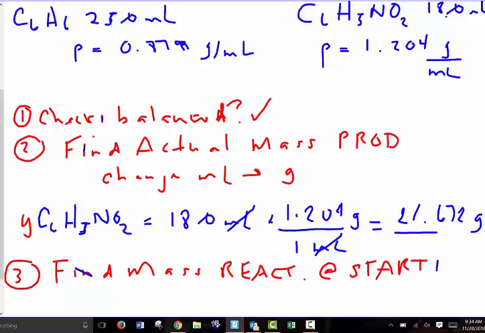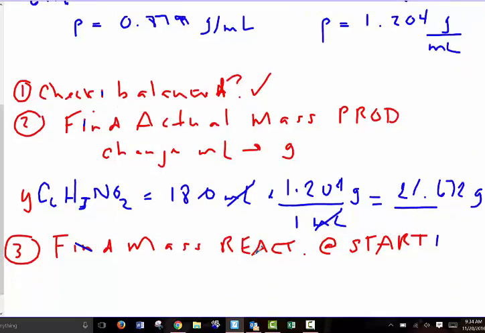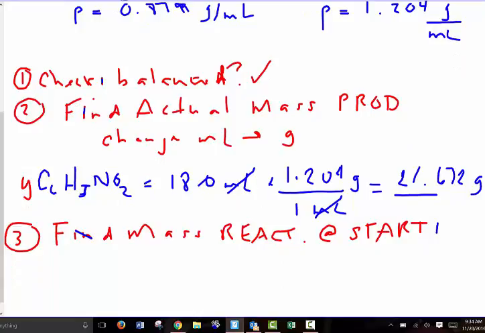So I can go ahead and do the exact same type of calculation here, except this time I'm going to be using the mass and the volume of benzene. So I've got my grams of benzene, so we're looking at C6H6 here. Okay, it's going to be equal to 25 mils.